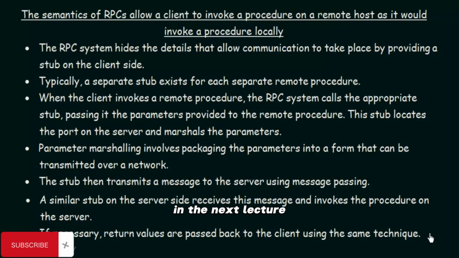So, in the next lecture, we will see what issues are faced by an RPC, and how those issues are resolved, and after resolution of those issues, we will see as a whole how RPC works. We have already seen how RPC works in this lecture, but we also have to see how those issues are tackled when they are encountered. So we will see the entire working of an RPC after resolution of all those issues in the next lecture.